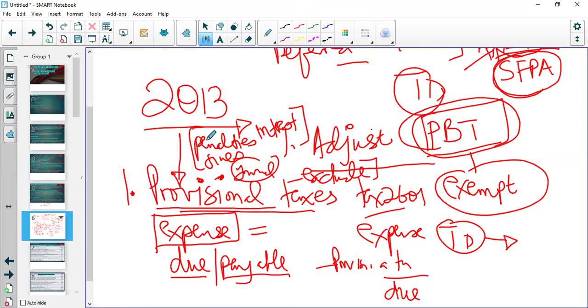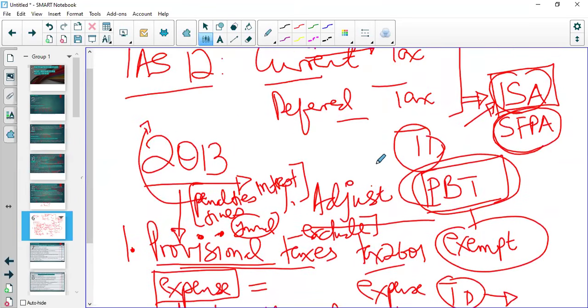And when you exclude it, then you need to include it in your adjustment of profit before tax, because it's an expense that should be deducted from profit before tax. And after deducting that from profit before tax, you need to remember that it's also an exempt item. So when you now want to calculate the taxable income, you remember that fines, penalties, or interest is also exempt.